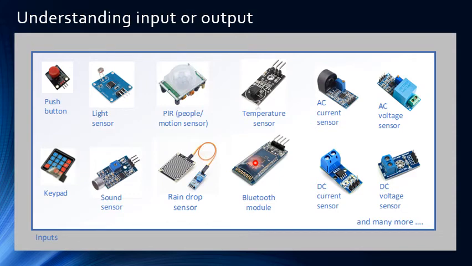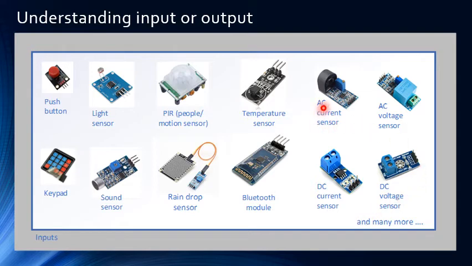Let's say you want to build a watt meter, you know it is the multiplication of voltage and current. Then you need to buy an AC current sensor and an AC voltage sensor if you want to build an AC watt meter. But if you want to build a DC watt meter, you should buy different sensors.